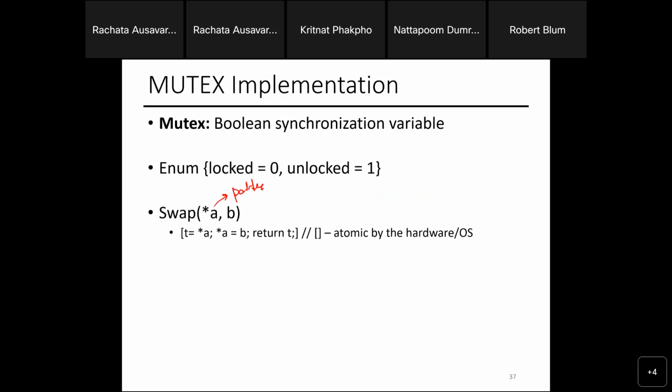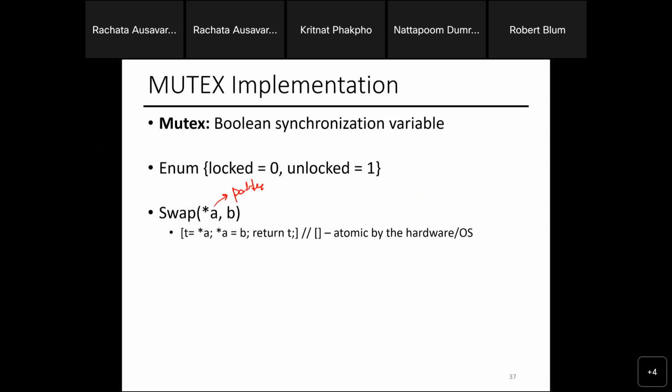A swap between A and B will swap A and B, but everything happens together. When I have this bracket in C, this is the magic by the hardware and the OS that makes sure this will happen at the same time in one single transaction, atomically. Atomically means that if I begin that thing, I will finish without any bugs or any weird scenario coming from another thread trying to access A and B and modify them.